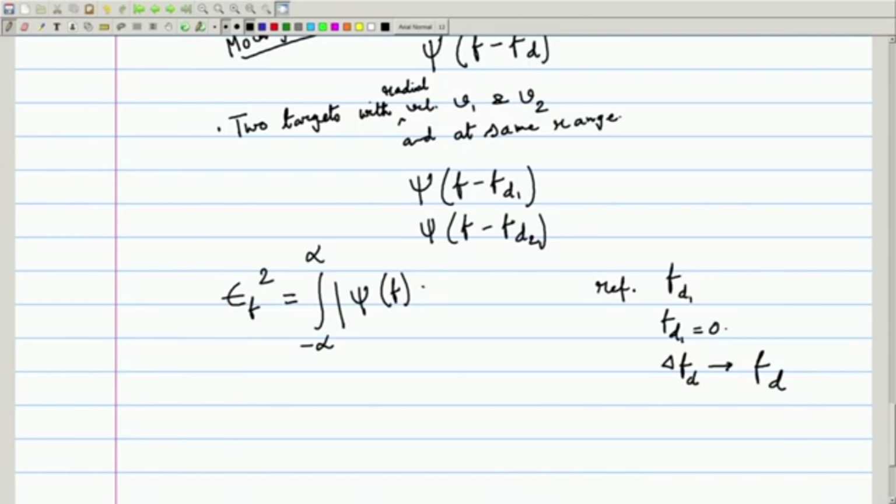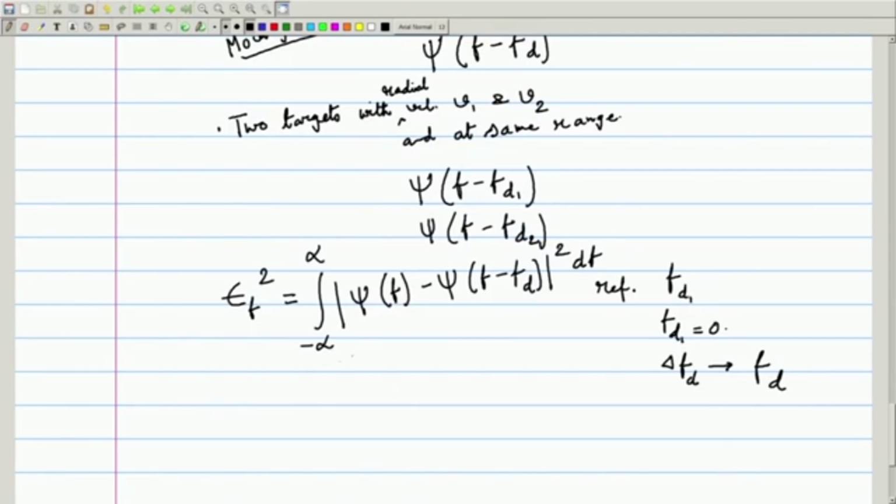So, I can form this: from the first target I am getting the pre-envelope psi f, and from the second target I am getting psi f minus f d, and I am forming their integral error like this as before. I am not going into the details, the same way you can manipulate.